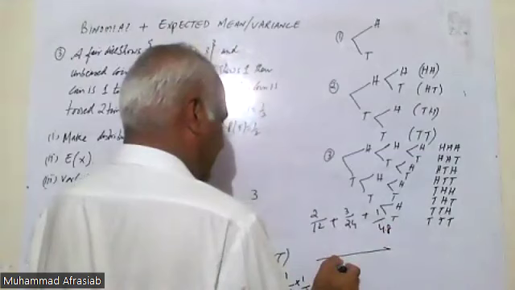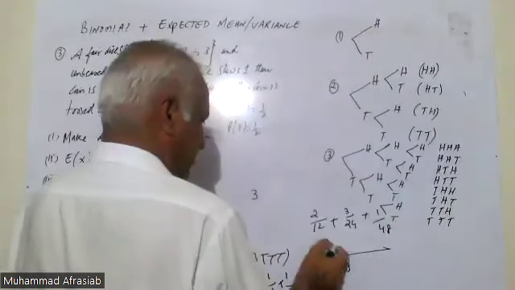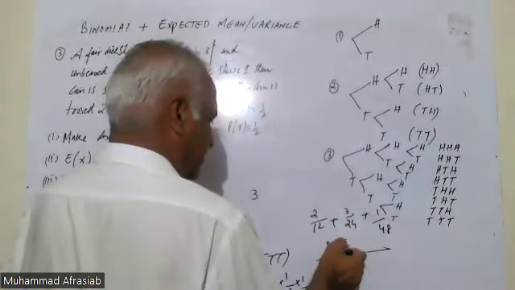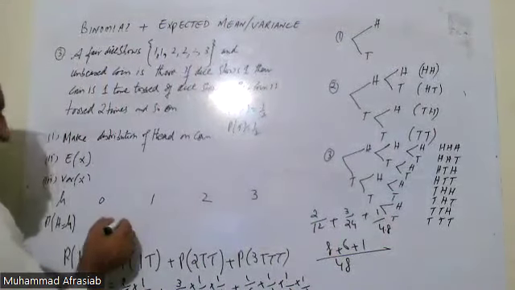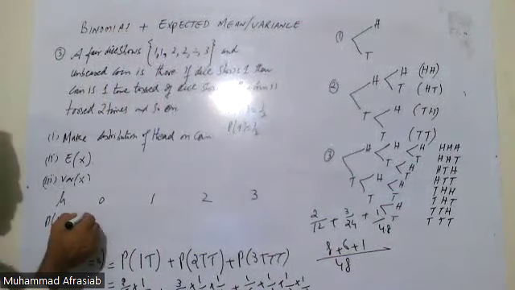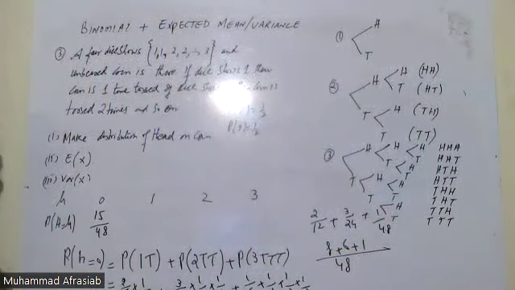And 48 is the LCM: 4 twos are 8, 2 threes are 6, plus 1. So 8 plus 6 is 14, plus 1 is 15. So the probability of getting 0 heads is 15 over 48.